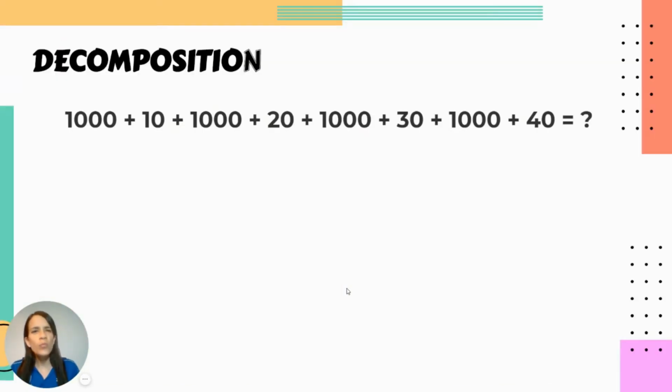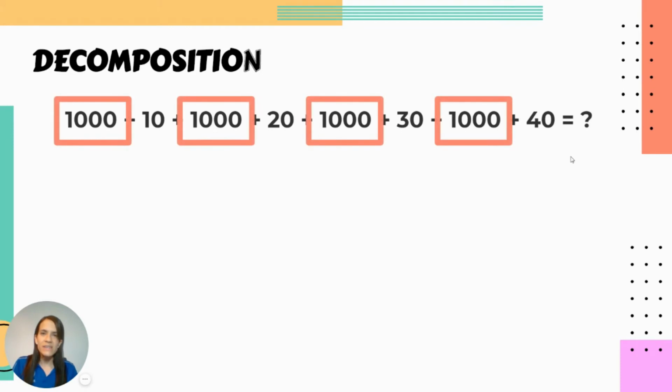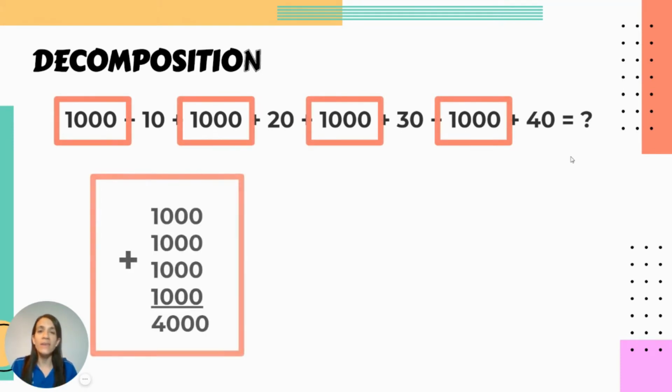So, what about decomposition? Imagine that you have this really big addition that you must do. Whoa, it's too much. Well, how about if you break it apart so you can solve it in an easier way? Like this. Identify and group all the 1000s and then add it up. 4,000, right?